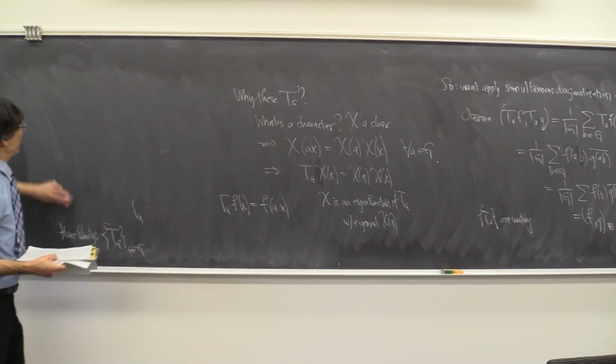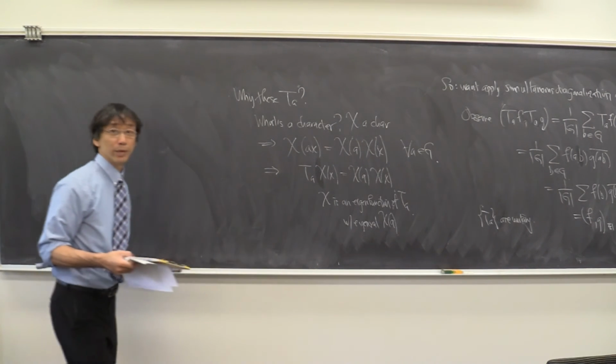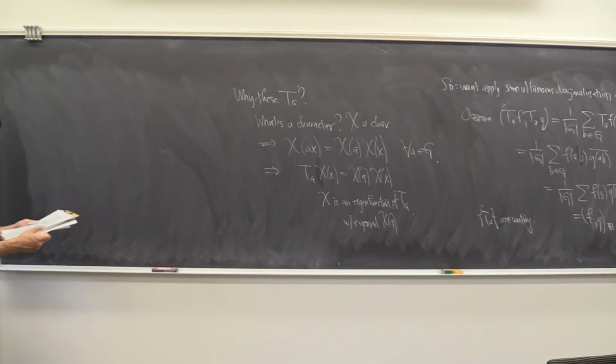Since they're unitary, we know that we've got the eigenvector basis for everybody, right?